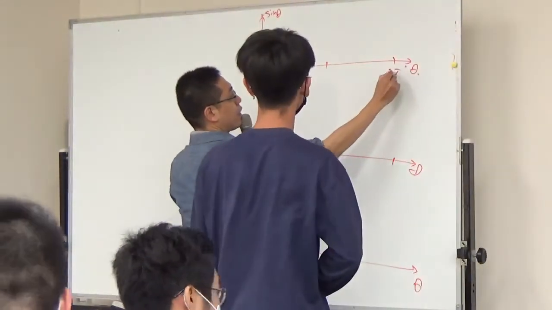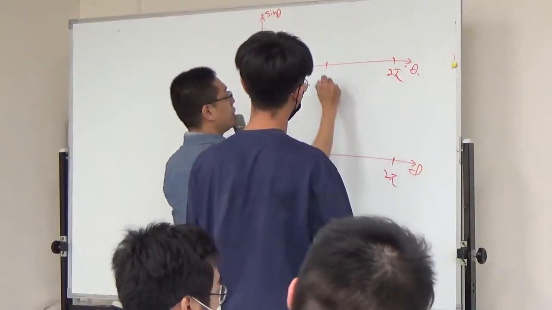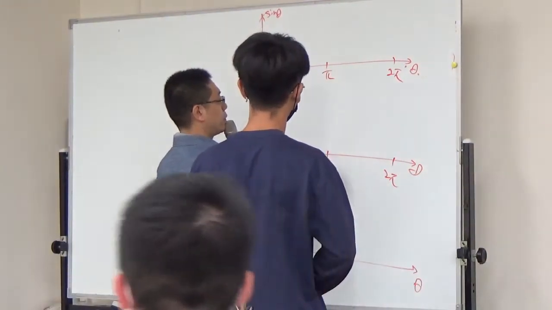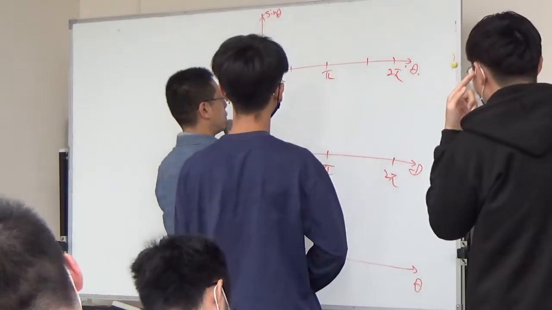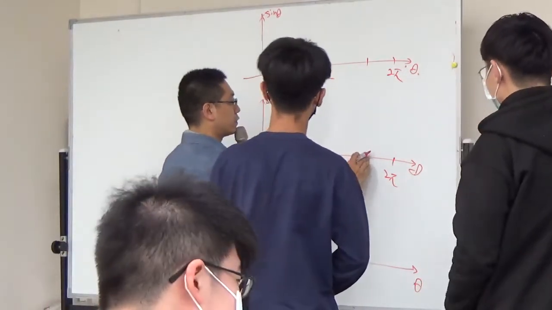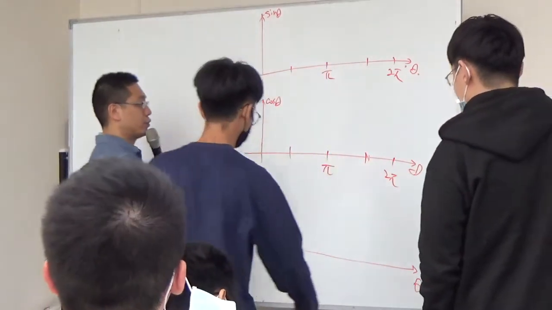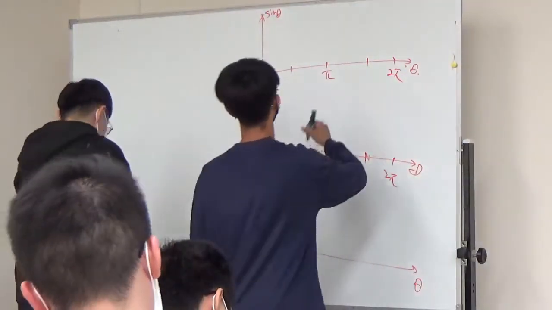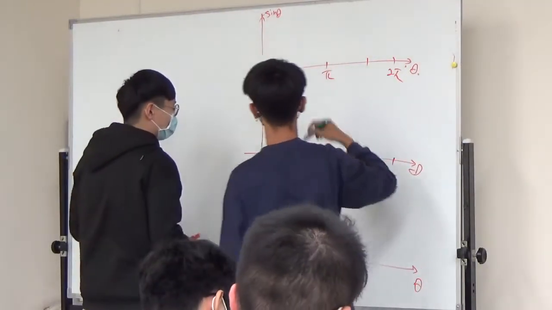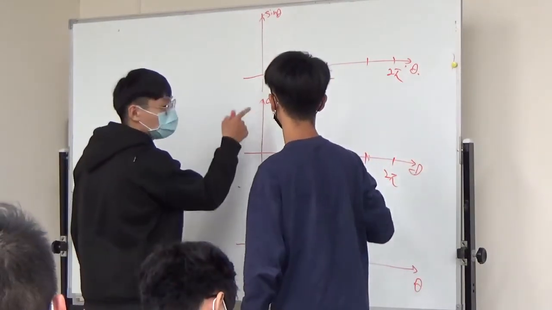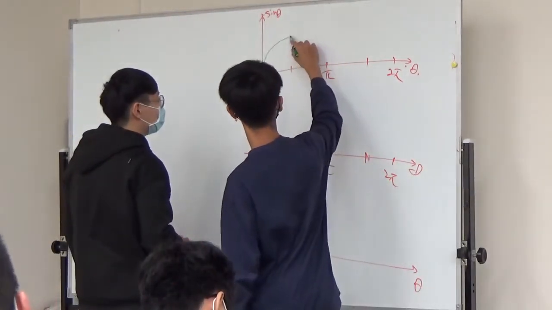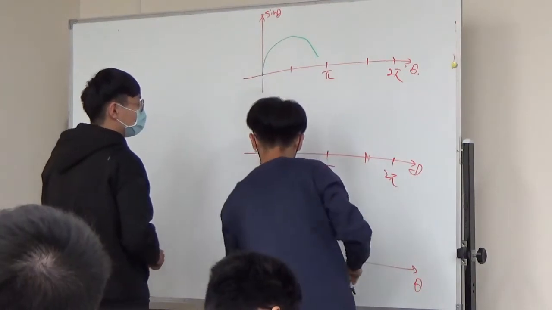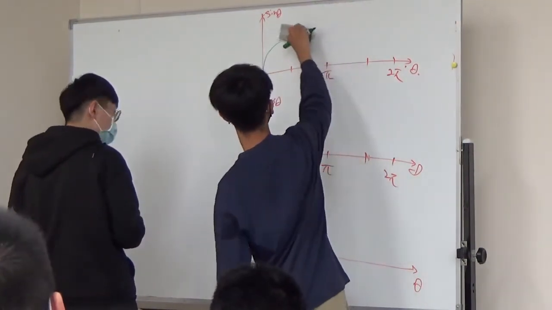This is 2 pi, pi. Draw these 2 pictures. Yeah, it's a hard part.